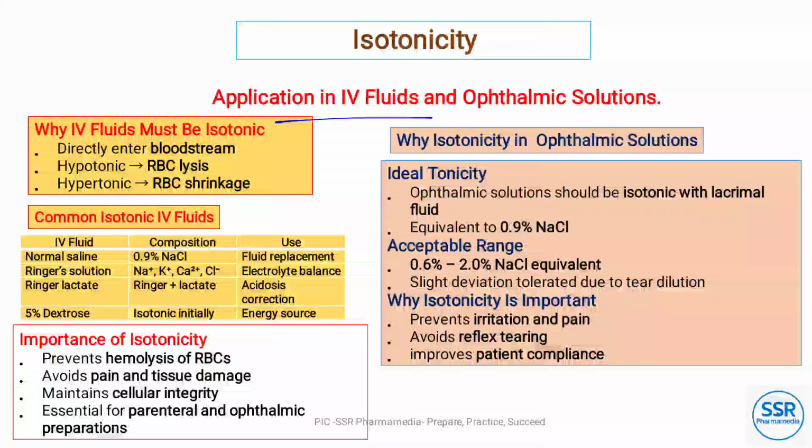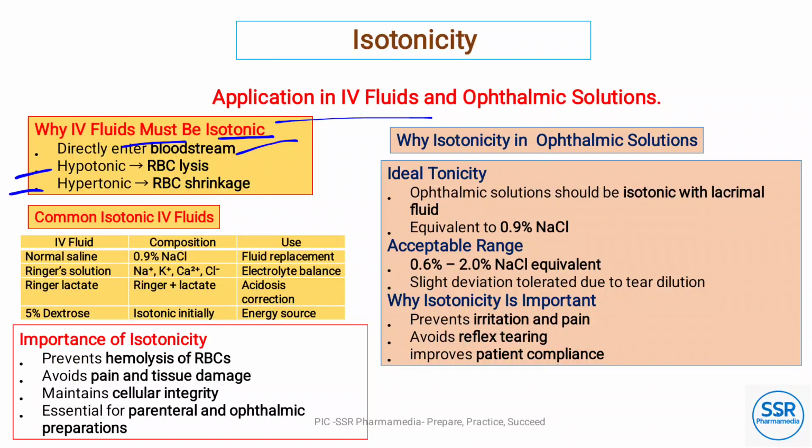Now, applications in IV fluids and ophthalmic solutions. Why must IV fluid be isotonic? Because it directly enters the bloodstream, and when solutions are not isotonic, they may be hypotonic or hypertonic.